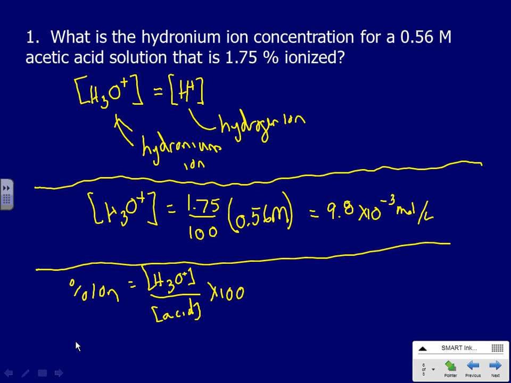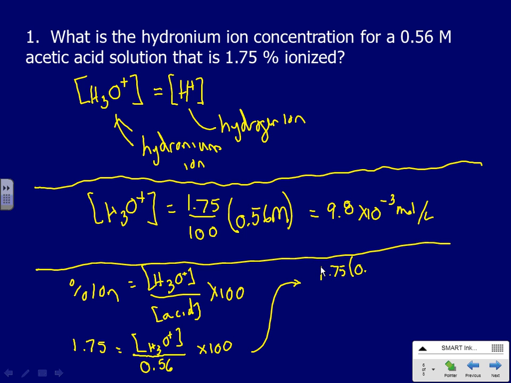Substituting that in, 1.75, I want the H3O plus concentration divided by the acid, which is 0.56, times 100. Now at this point, you'll just take this and multiply it, bring it up top, take the 100 and divide it, bring it down below, and I'll bring my calculation up to here.